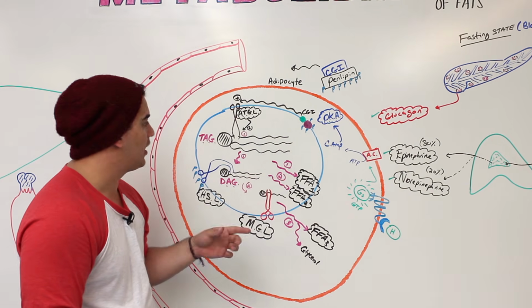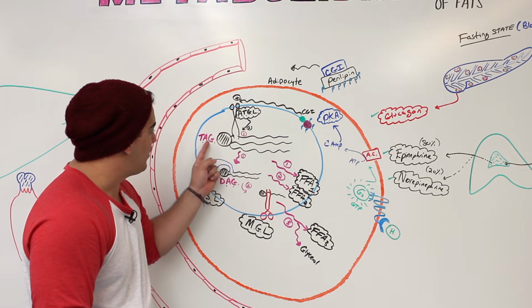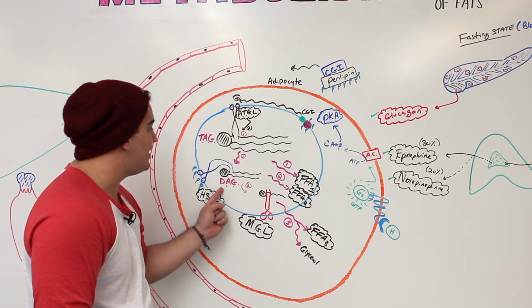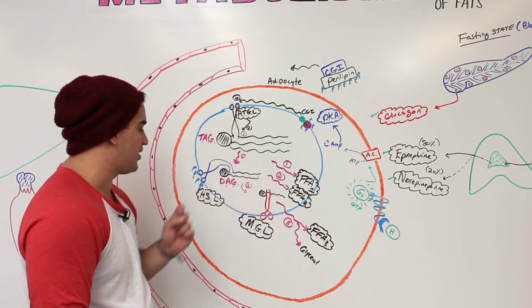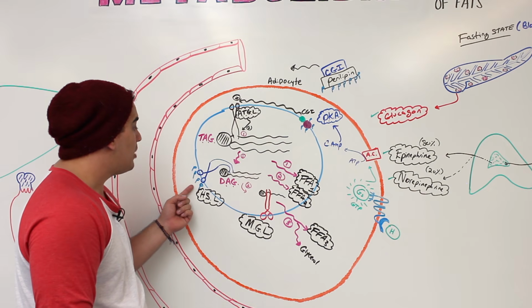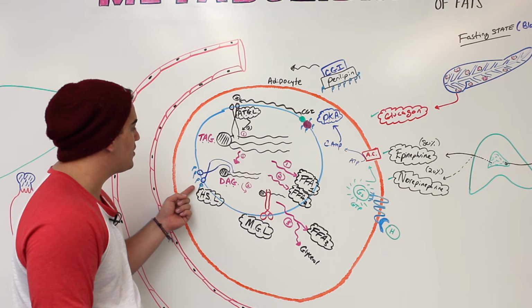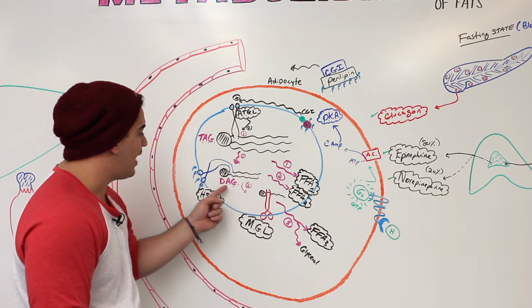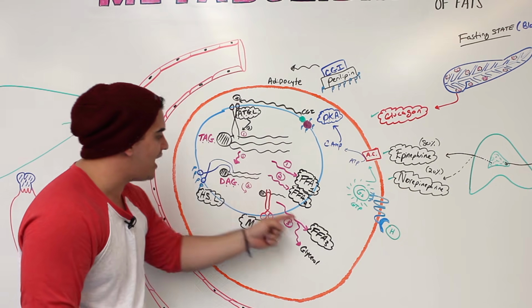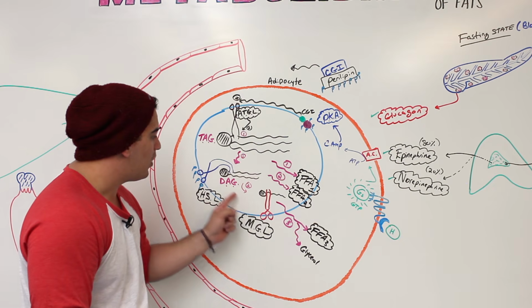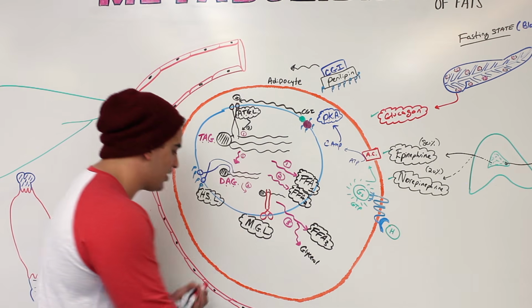That's the first one. Then, what are we left with after this triacylglycerol? We're left with a diacylglycerol, 2 fatty acids on this glycerol. There's also going to be phosphorylation of this enzyme, the hormone-sensitive lipase. The hormone-sensitive lipase will then cut the diacylglycerol and release a second free fatty acid. What's left over? I should denote what this one is called.